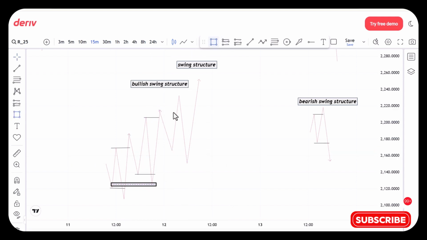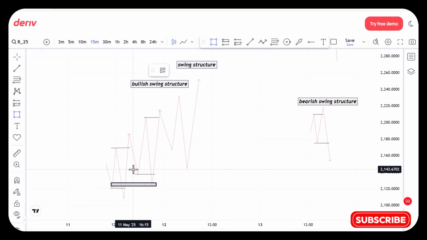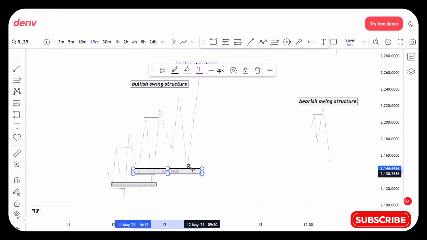Now, if you want to make a re-entry, if you enter from this level, obviously this move here would have taken you out again. This particular pullback that happens here would have taken you out again. And those who understand the advanced scenario will be waiting to take their trade from this level and they will always be in profit.